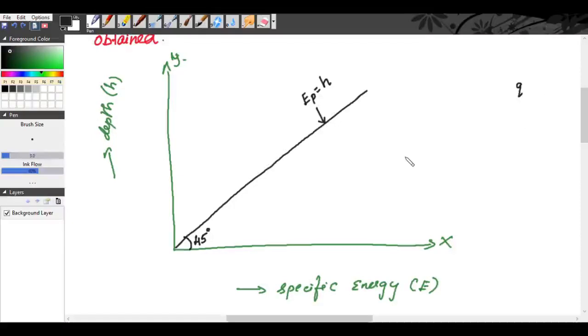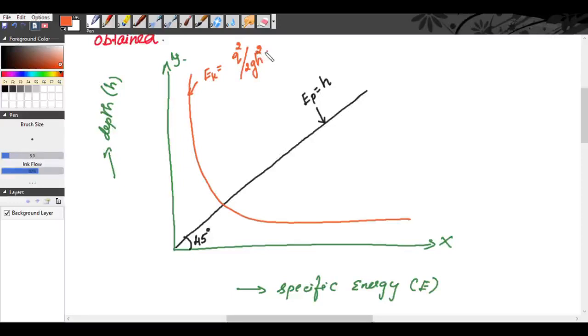So, your kinetic energy will be like this. This line represents EK, kinetic energy, that is equal to Q square by 2GH square.